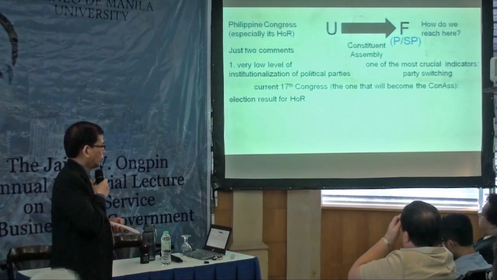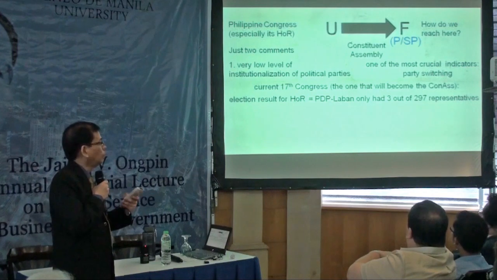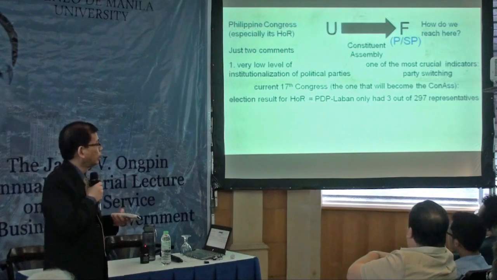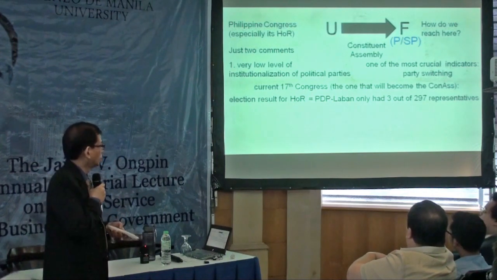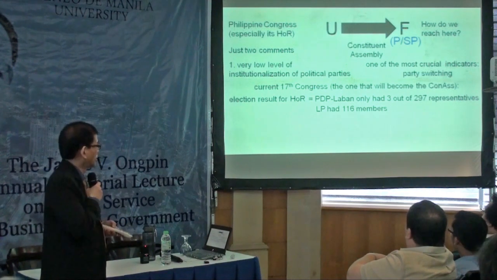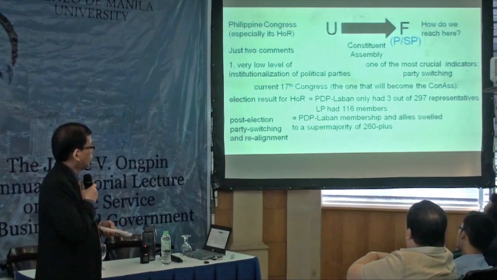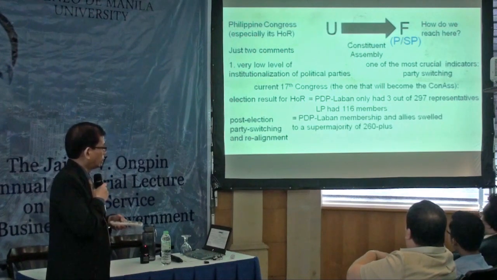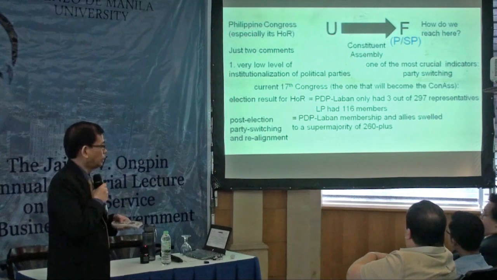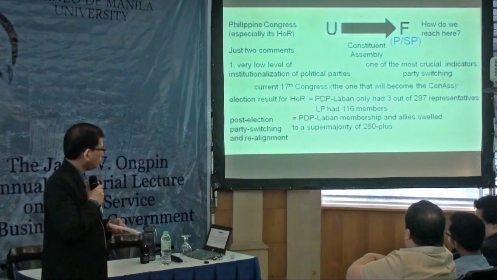In the election result for the lower house, PDP Laban only had 3 out of 297 representatives. LP had 116 members. Post-election party switching and realignment swelled PDP Laban's membership and allies to a supermajority of 260 plus.